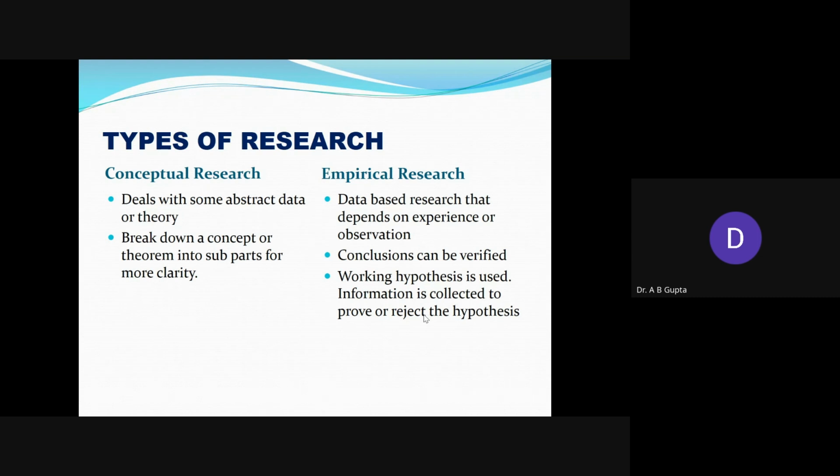Because it is empirical, you are doing a certain experiment, so if you have come up with a certain conclusion, some other person can always verify your finding. So that is empirical research. This is the difference between conceptual research and empirical research.